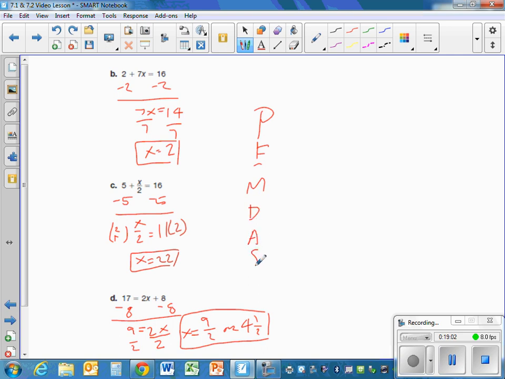So always start with canceling out your addition and subtraction first, and your multiplication and division second. If you did not get the correct answers, rework through them and try again. Otherwise, make sure that you ask questions in class, and then you need to finish all of page 352.